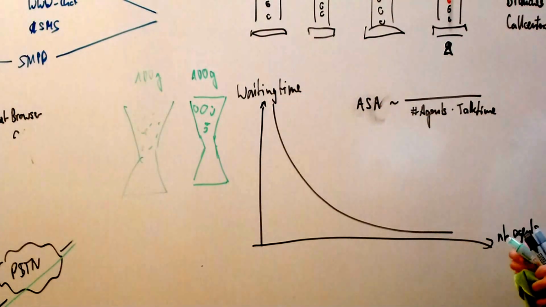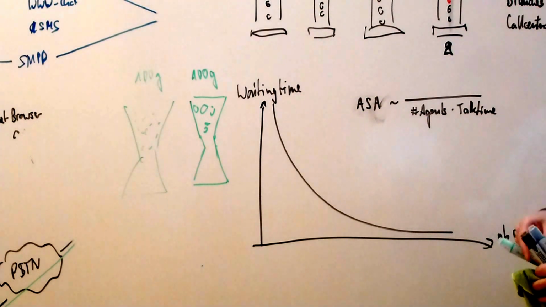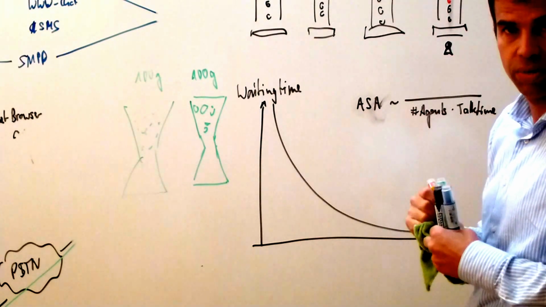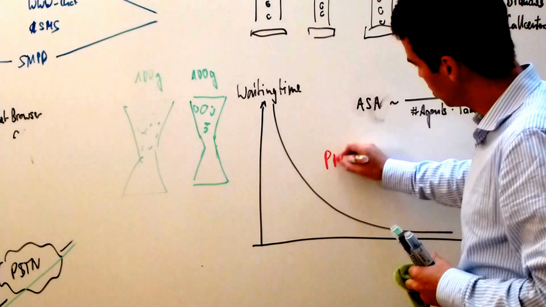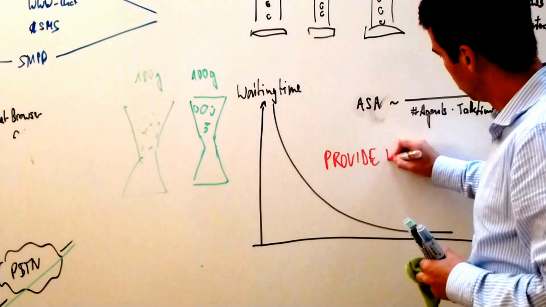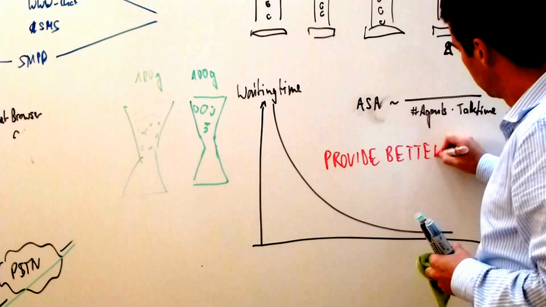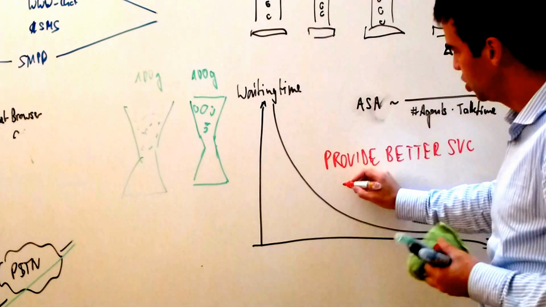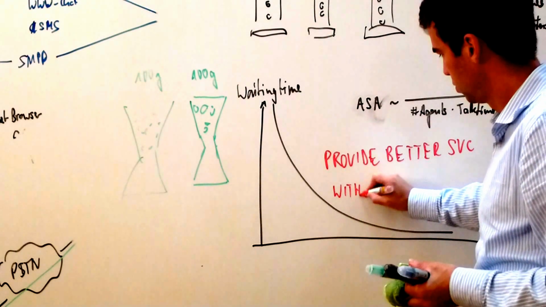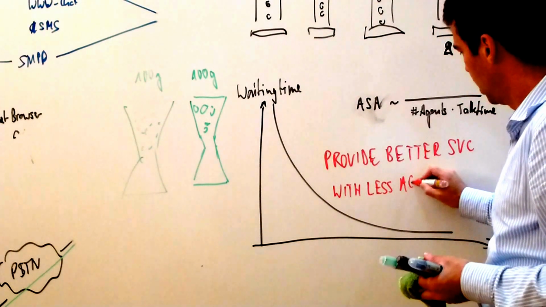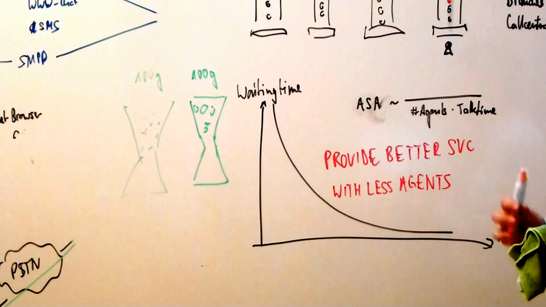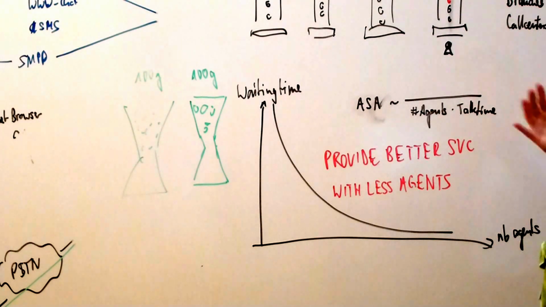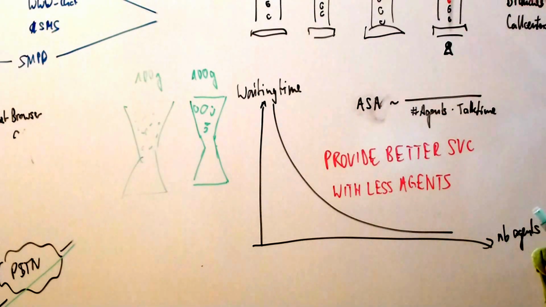This statistical effect is very important, and it's the economic reason why a contact center is efficient. It allows you to provide better service with the same number of agents, or with fewer agents. You can only do this if you virtually group together different media, different branches, different contact centers.